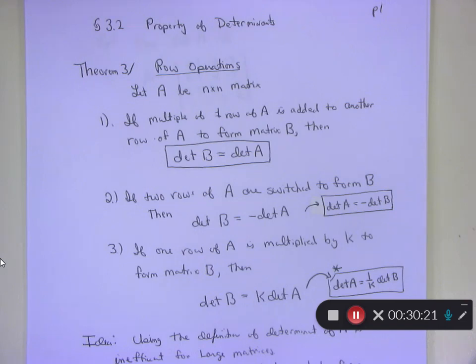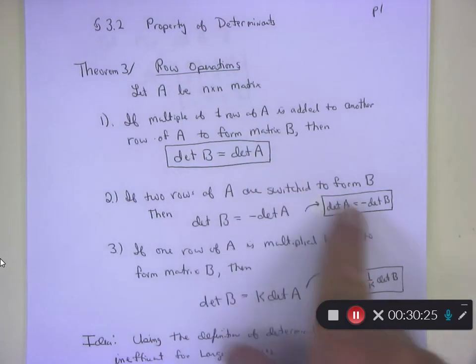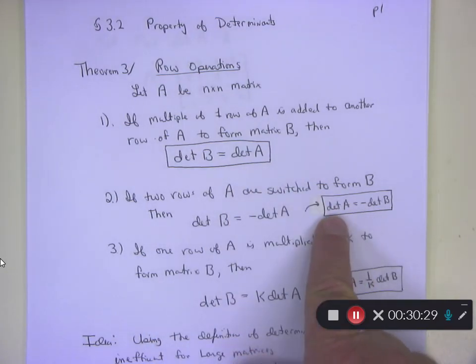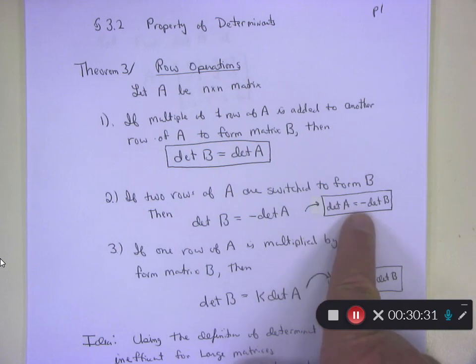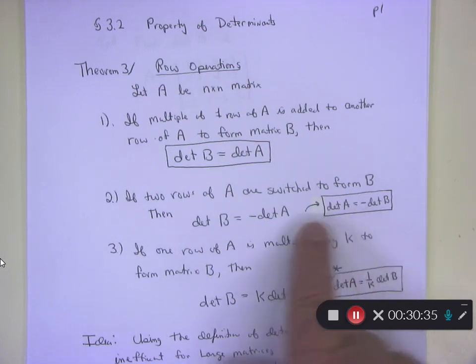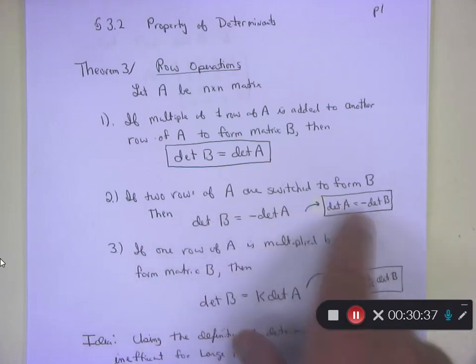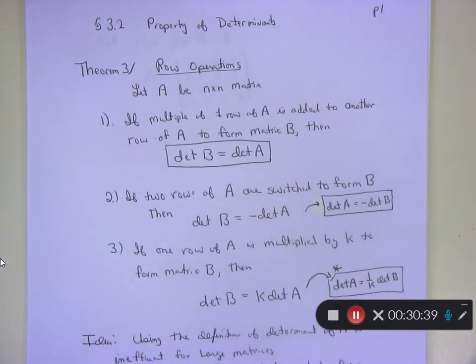So I'm still looking for the determinant of A. So I wrote it over here, and what I'm circling is the ones you're actually going to use in terms of your notation. The determinant of A, the original matrix, will actually be equal to negative the determinant of that new matrix B. It doesn't matter which side of the negative you put it on. If you switch two rows, it makes a negative on this thing.